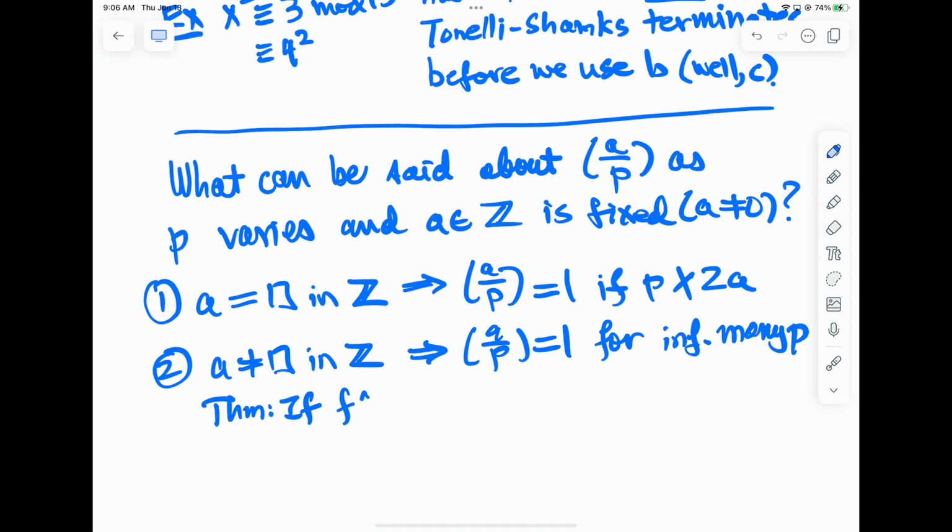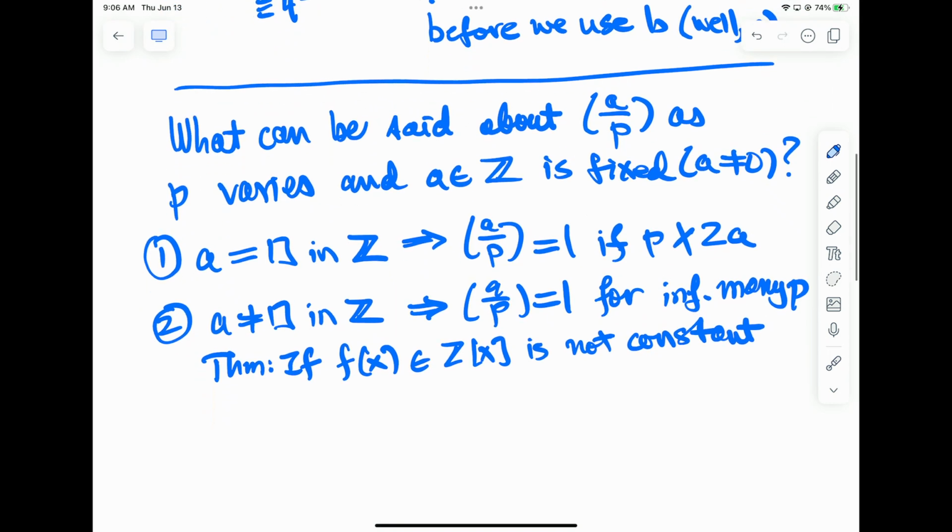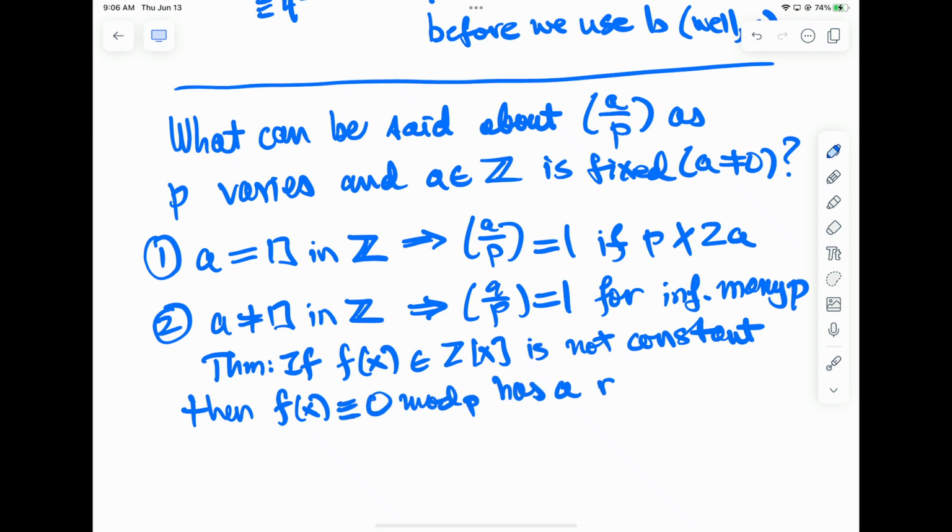If you have a non-constant polynomial in Z[x], then the congruence f of x congruent to 0 mod p has a root, a root in the integers mod p, for infinitely many p.